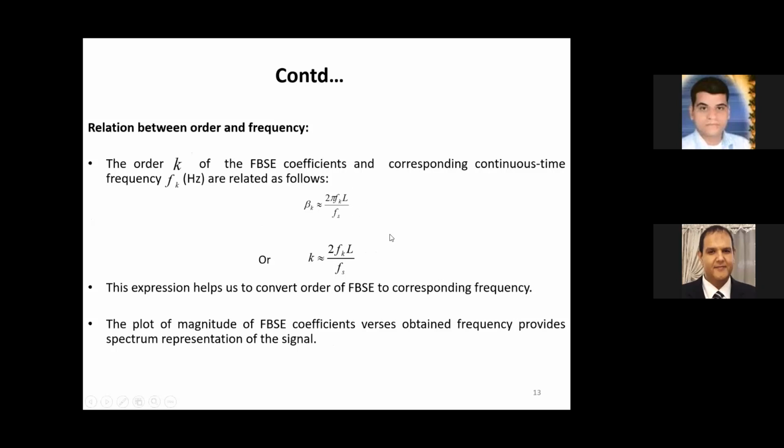Here L is the size of the window, f k is the kth frequency, fs is the sampling rate, and beta k is the kth root. So this provides a relation between order and frequency for a signal. In that way, we can use the Fourier-Bessel series expansion as a signal representation in a unique way. It can be used as an alternative to the Fourier transform with many desirable properties.